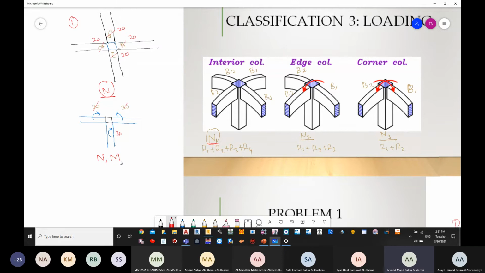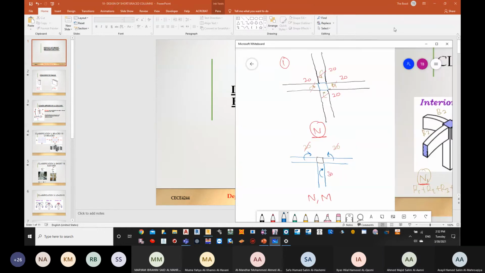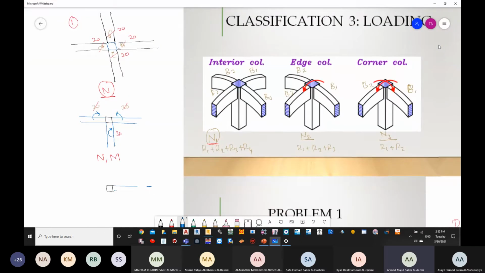Now, what about the third scenario? We are having only 2 beams.